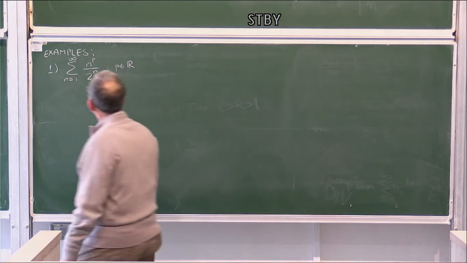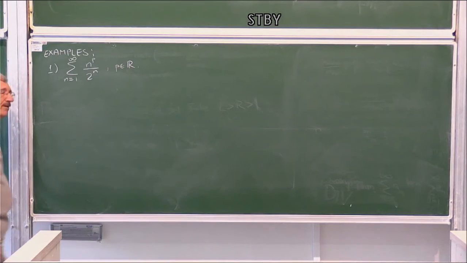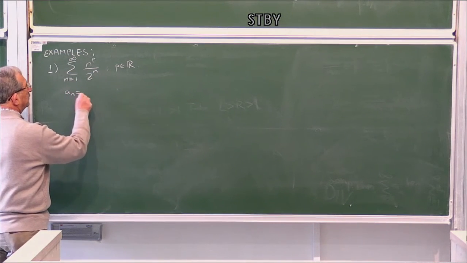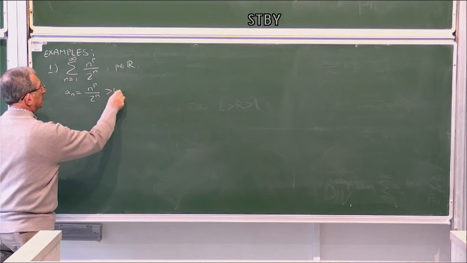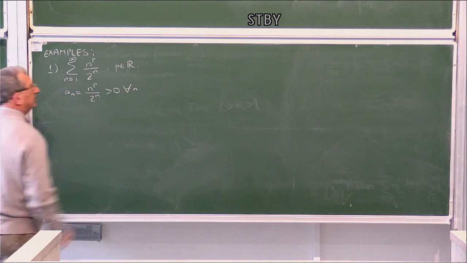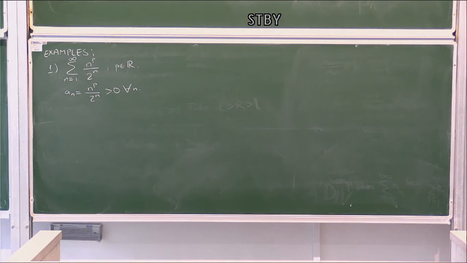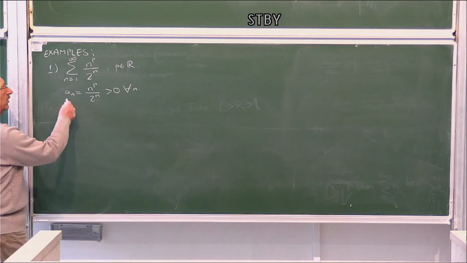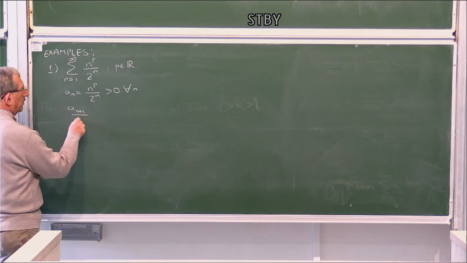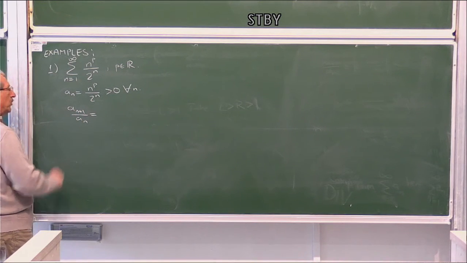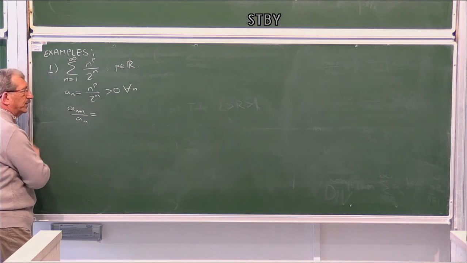Whatever p is, positive or negative, or 0, we see that a_n is positive for every n. So we have no positivity question here. Well, then we look at the ratio. So we are using the ratio test.